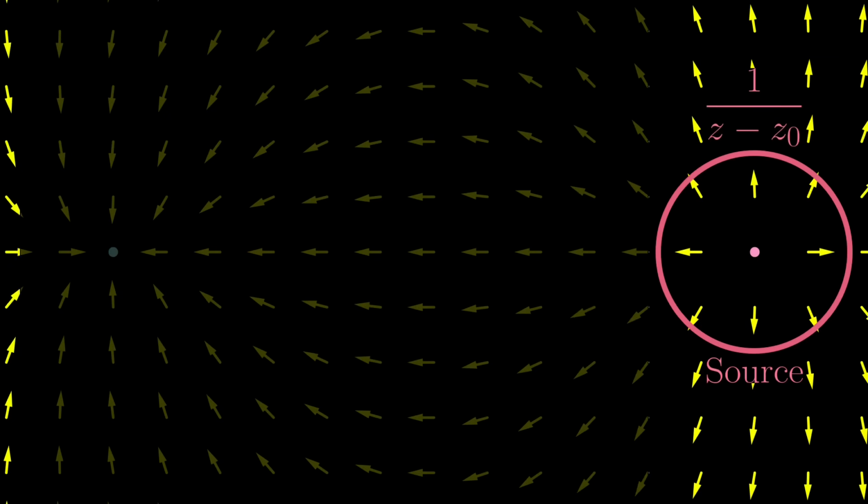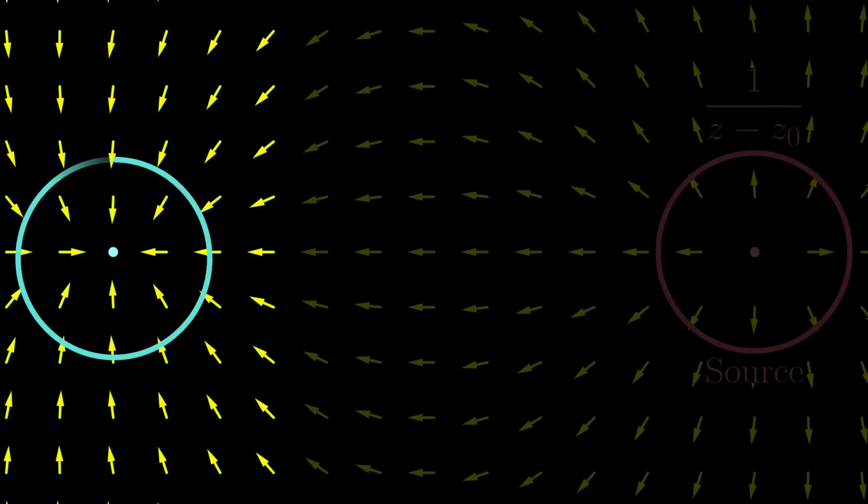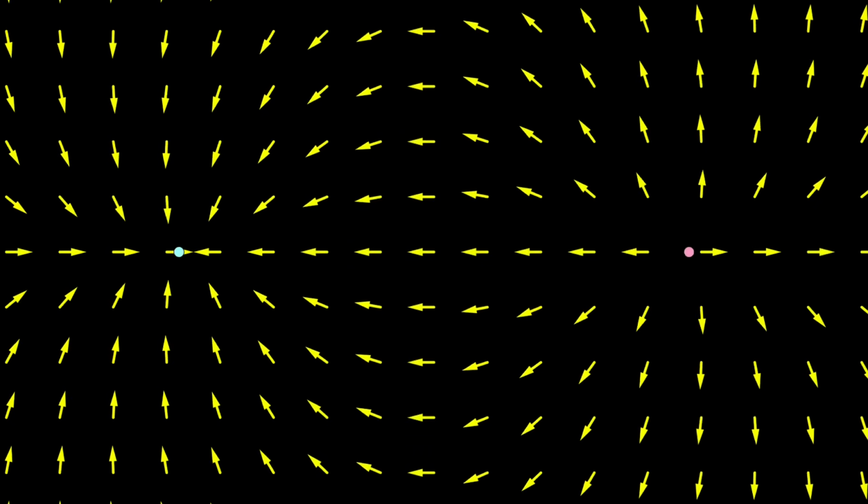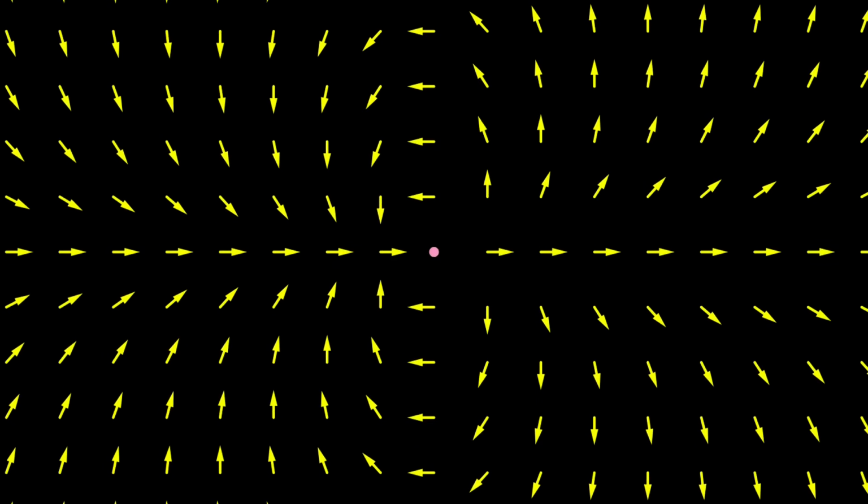On the other side, we have the opposite of a source, so we call it a sink. And this is a copy of negative 1 over z, again translated. If we bring these together while doing the appropriate scaling, we should get the vector field of 1 over z squared. How does this help?